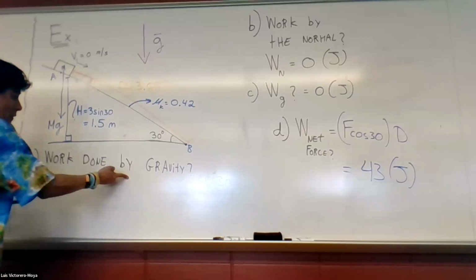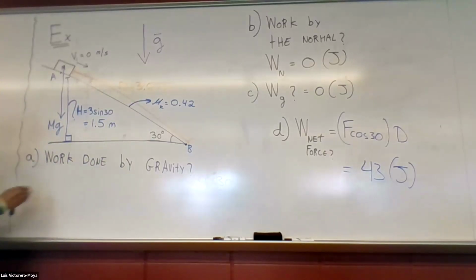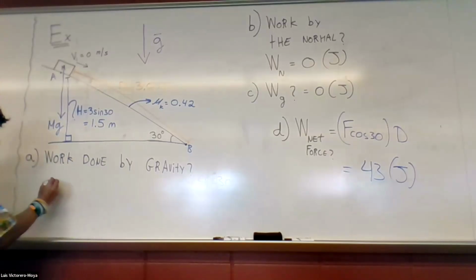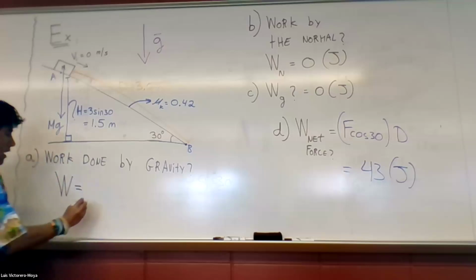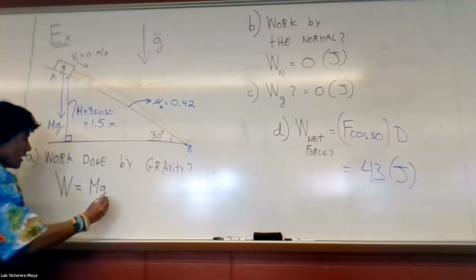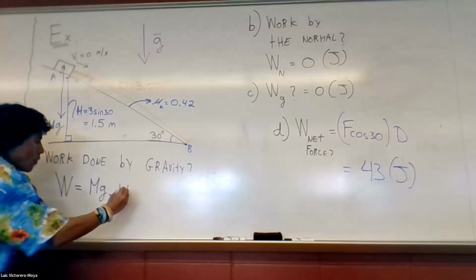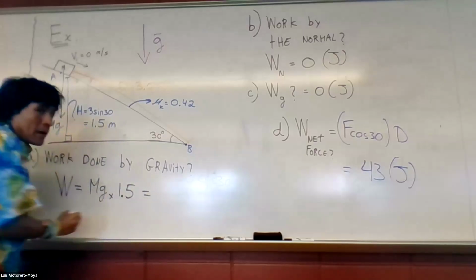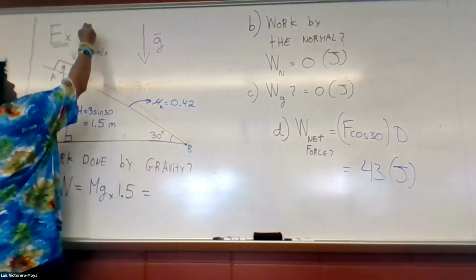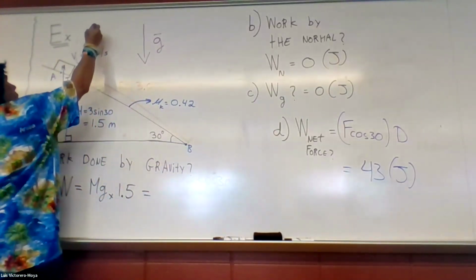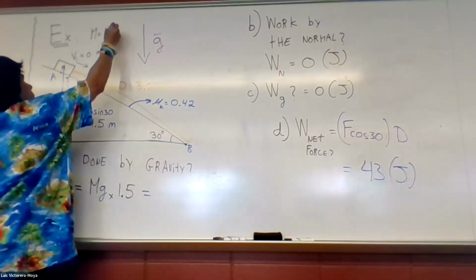So the work done by gravity is the force mg times 1.5. Now, what's the mass? The mass is 4 kilograms. So put here, m is 4.0 kilograms.